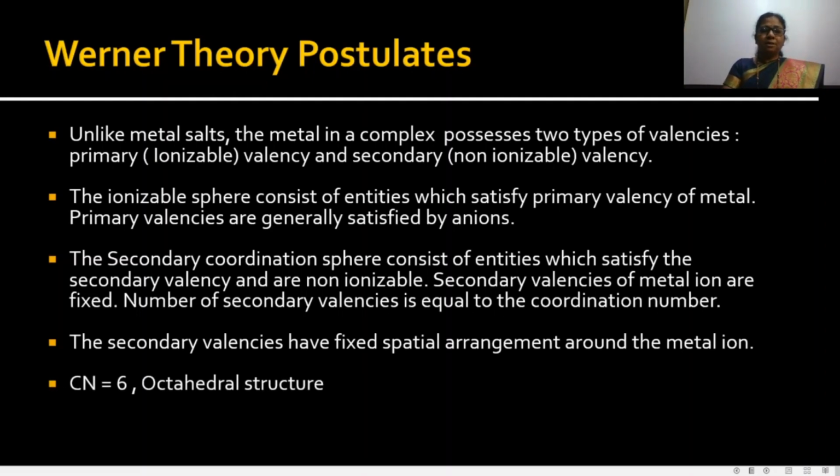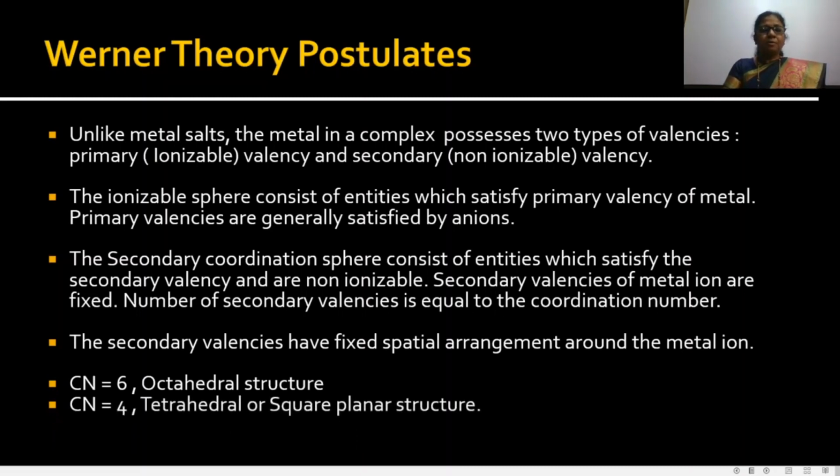If Cn is equal to 6, that means the compound has secondary valency 6, so its coordination number is 6 and it has a fixed spatial arrangement, which is the octahedral structure.